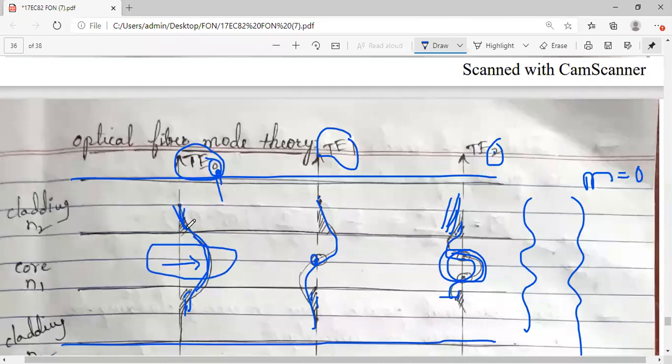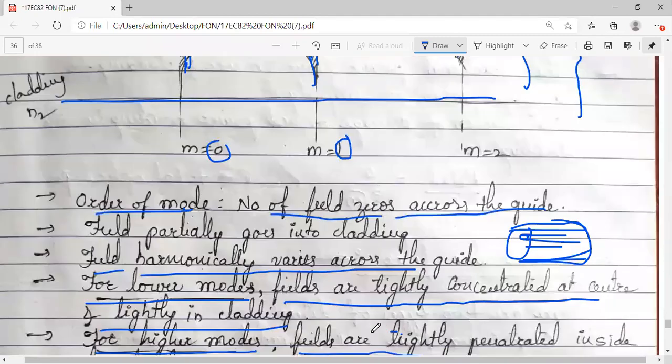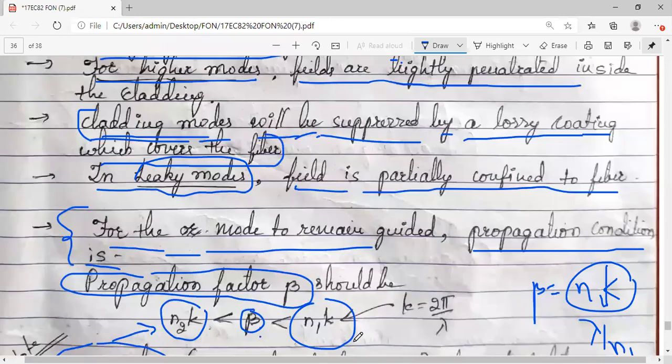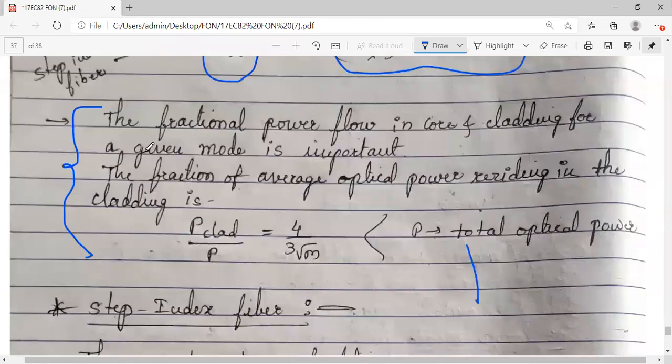However, some portion will be in the cladding also, and as the modes increase, the order increases 4, 5, 6, 7, 8, so this proportion will keep on increasing. The power going into the cladding, which is lossy, will increase. So we need to check the amount of power. That fractional power flow in both core and cladding is very important for us.